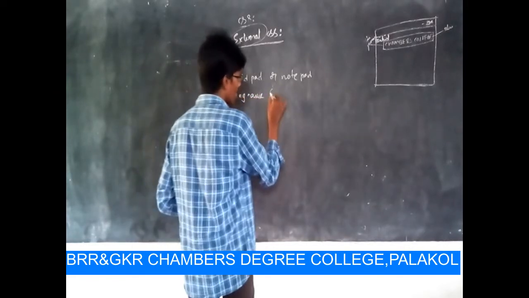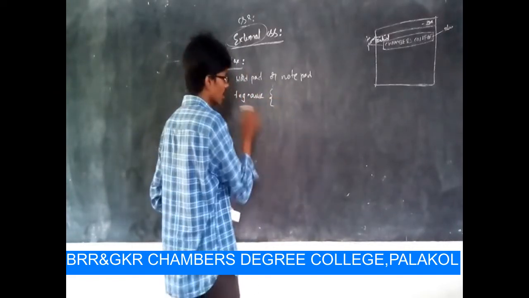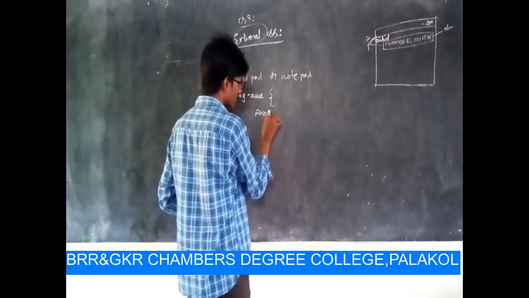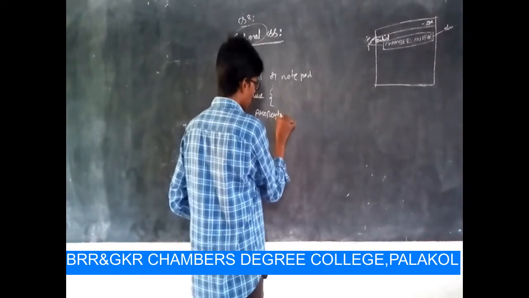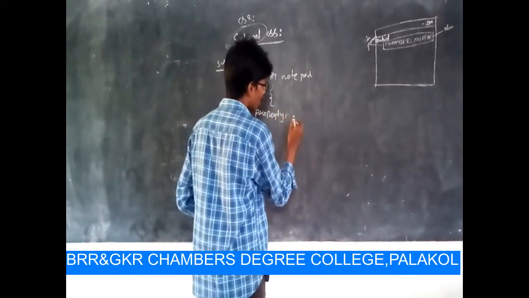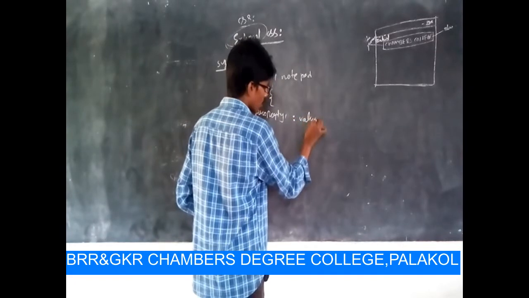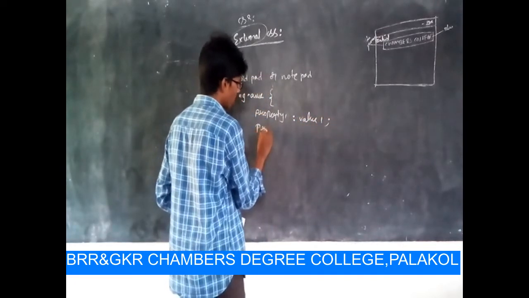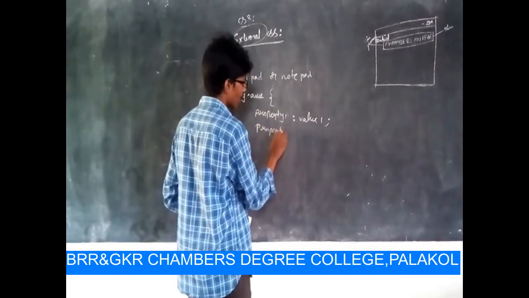After that, open the curly brace. There you represent different properties, property 1 and its value, and if you want, different property values.